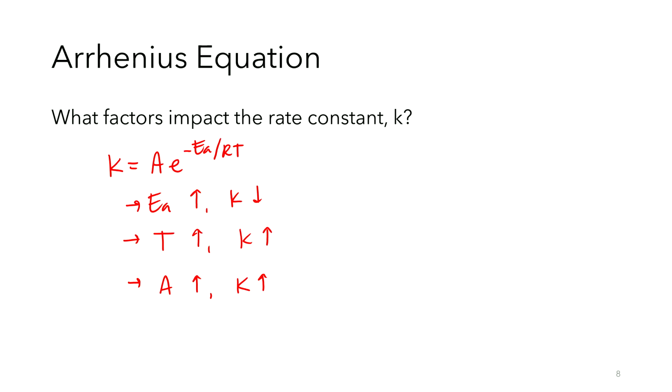It's inversely related. So mathematically, if I were to say, okay, K equals E, now let's say this is a bigger number up here, E to the negative 100, versus now let's say it's a smaller number.